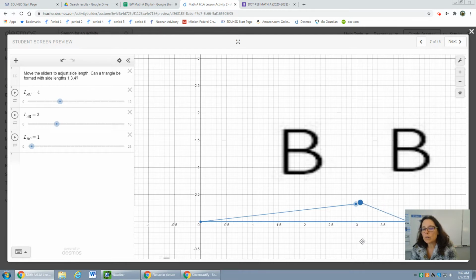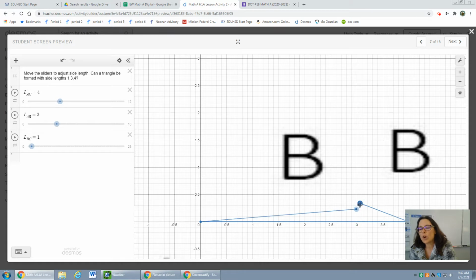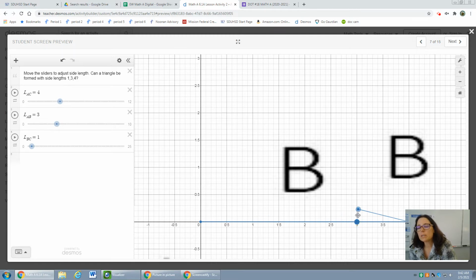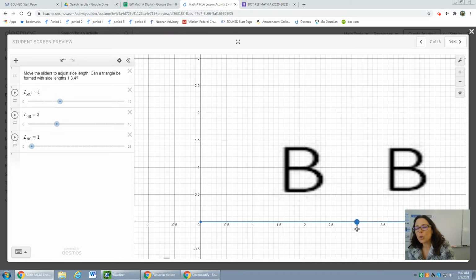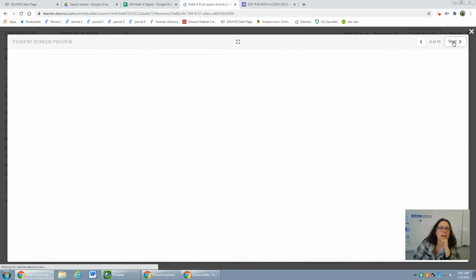All right, so you guys, it's super close, but there's no way that it's ever going to line up. It gets very close, but it's pretty much going to collapse down on itself. There's no way to form an enclosed triangle with side lengths 4, 3, 1. So you're going to say no in this row, and then leave the last column not filled out, or put a line in it, or write not applicable.